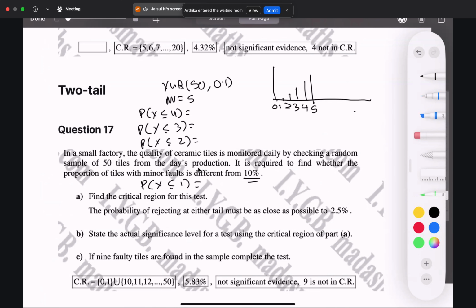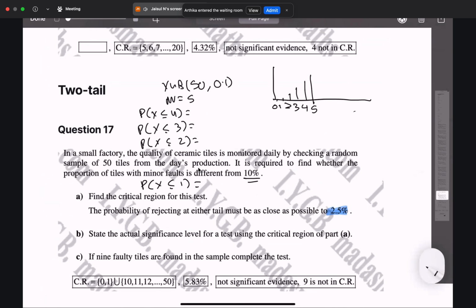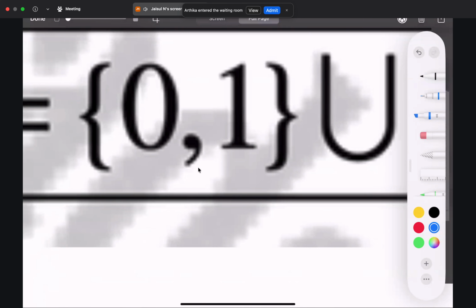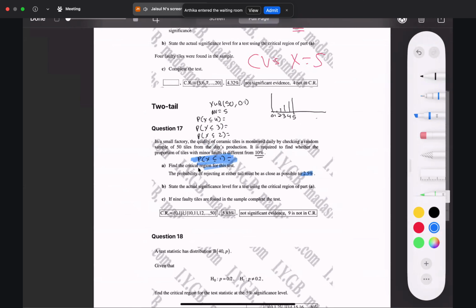It says 2.5% on each tail, so it was a 5% significance level overall. So I'm going to see when that gets below 0.025. It turns out this one was the first one below 0.025. So 1 is the critical value. So 0 and 1 are the critical values on the left tail.